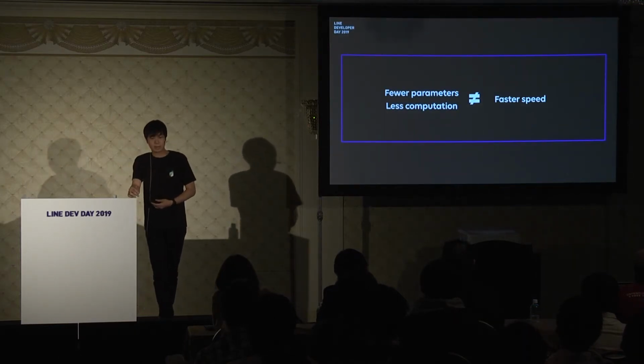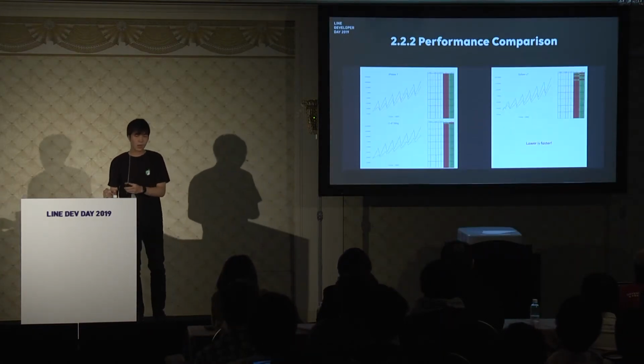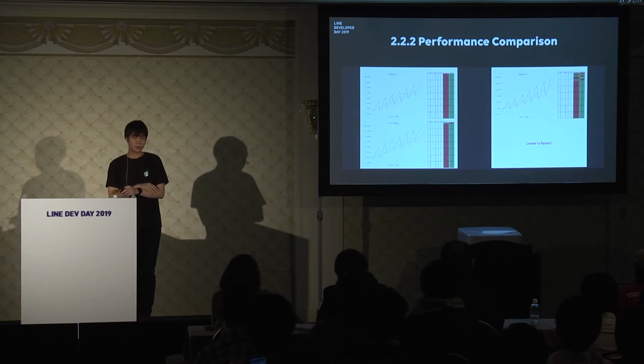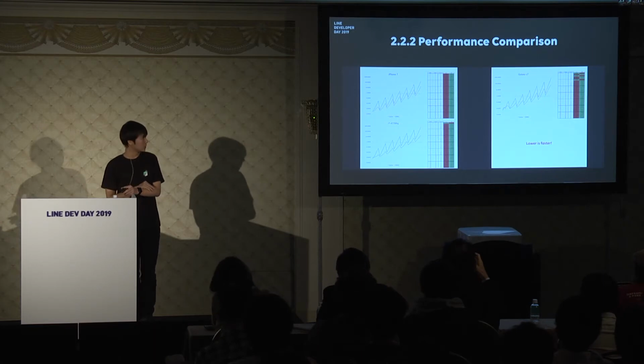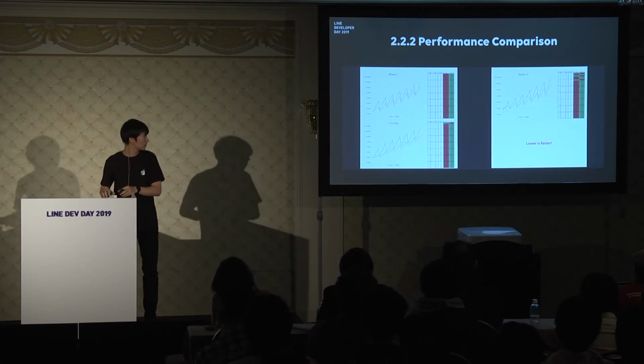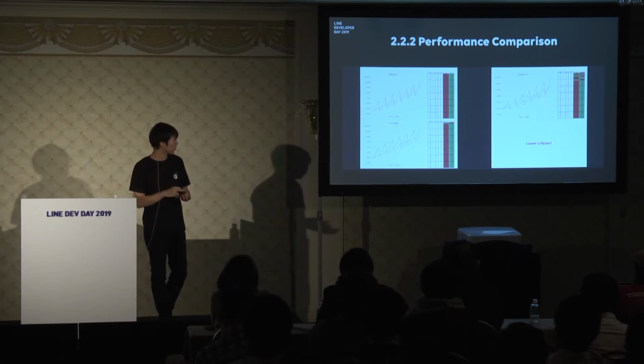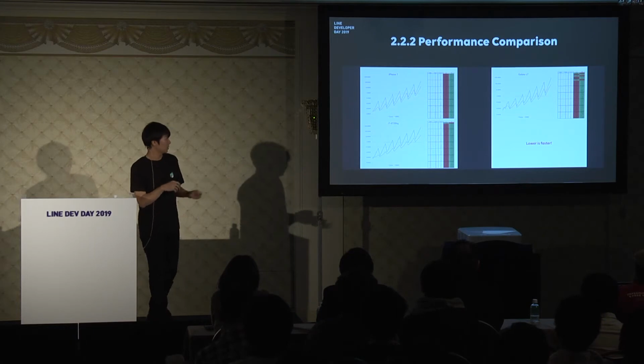So we learned that fewer parameters and less computation doesn't mean faster speed. However, in our engine, depth-wise separable convolution is faster than convolution, so we use it. Please check the method on the client device before you apply it in the product. We mainly focus on iOS and Android and CPU.